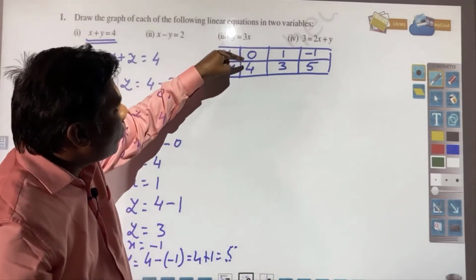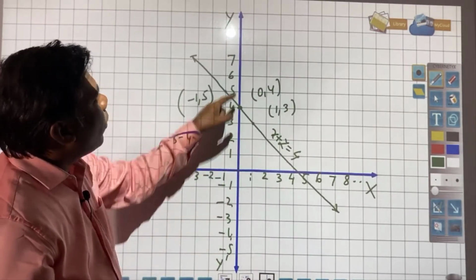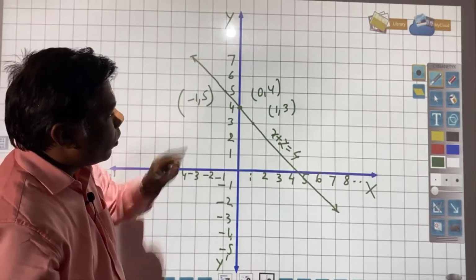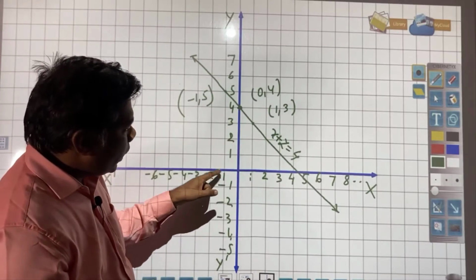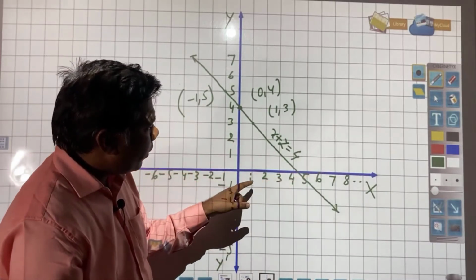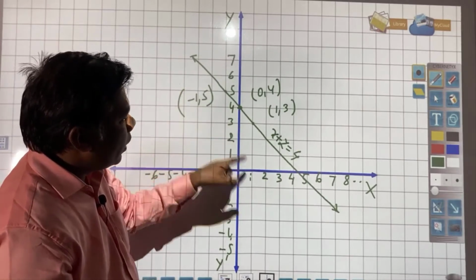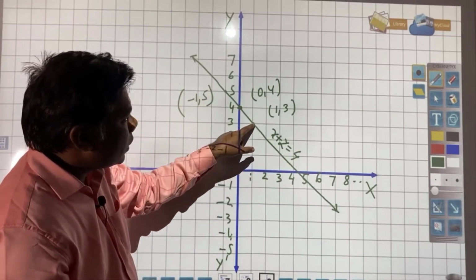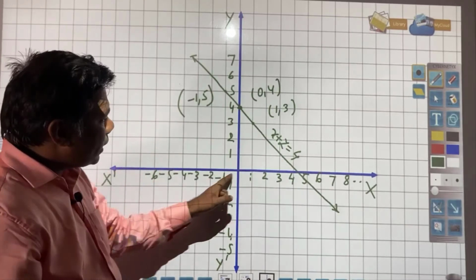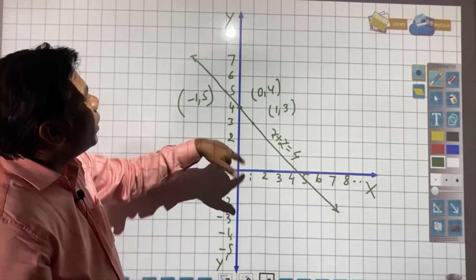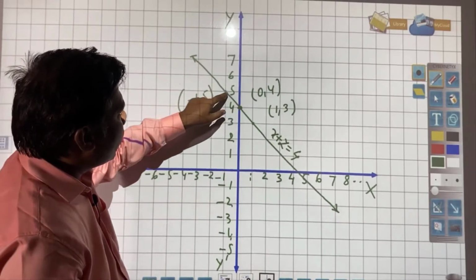So 0, 4, how you will see 0 over here and y in y axis you see 4. Next coordinate you have 1 and 3. So in x axis you see 1. And in y-axis you see 3 where they are meeting at this point, and then you have -1 and 5. In x-axis you see -1 and in y-axis you see 5 where those coordinates are meeting over here.